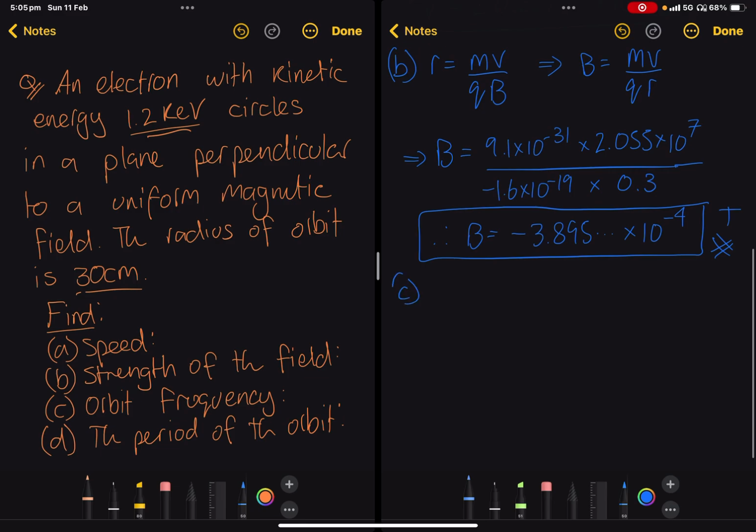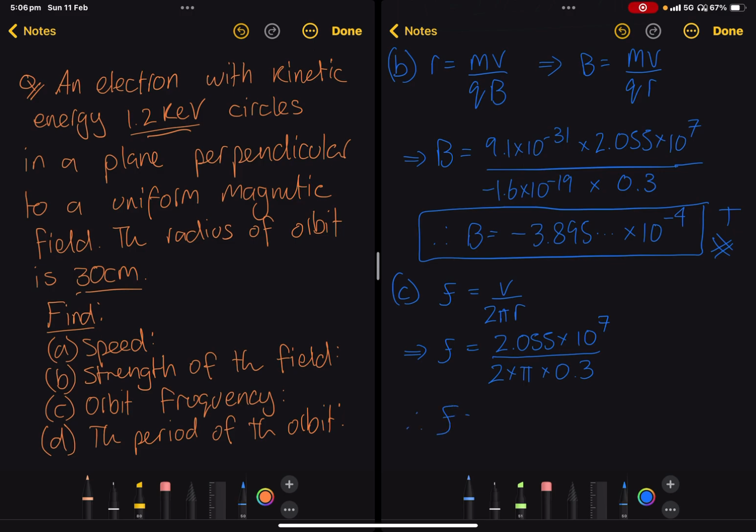So now let's have a look at part C. We're asked to find the orbit frequency, or the orbital frequency. Well, we know this travels in a circular path, and if something's going in uniform circular motion, the frequency is its tangential velocity divided by its circumference, which is 2 times pi times the radius. Its tangential velocity was about 2.055 times 10 to the 7. Its radius is 30 centimeters, so this will be 2 times pi times 0.3 in meters.